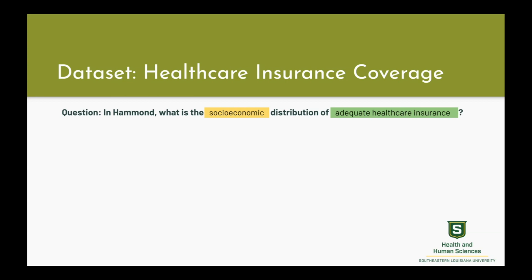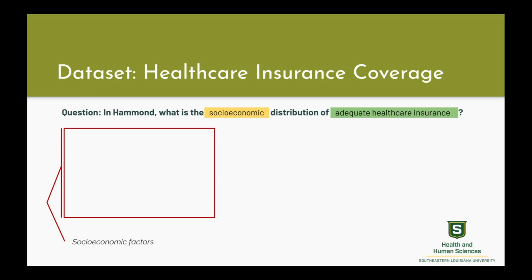Starting with the socioeconomic factors, we have a couple. There are more. We have annual income, race, gender, age group, and highest level of education. These are not the only socioeconomic factors there are. I'm just picking these five for this exercise, just to let you know.